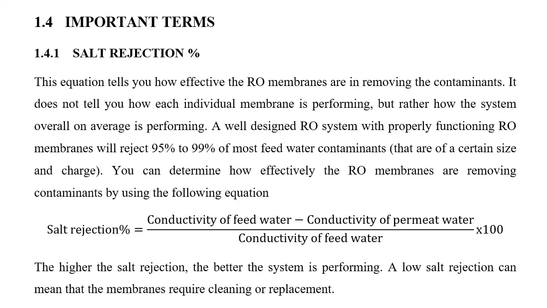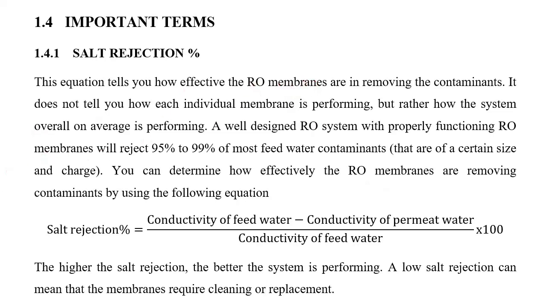And after the process has happened, we collect the fresh water or the pure water and measure the salt content in it. Using these two salt contents, we can calculate the amount of salt that has been rejected in this process. So this equation tells you how effectively the reverse osmosis semi-permeable membranes are working.